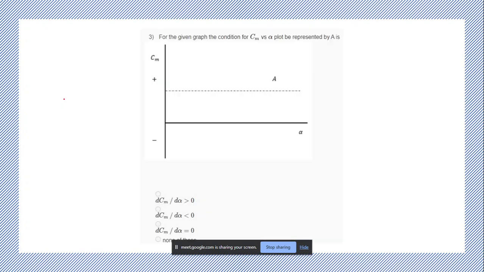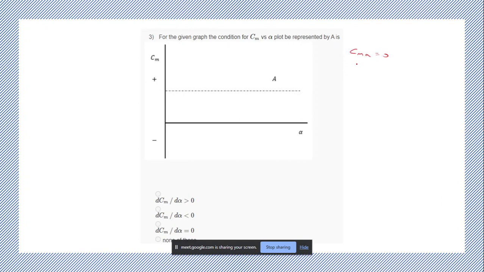Okay. For the given graph, Cm versus alpha is plotted. What is the slope of the graph? Very simple. The slope of the graph that is shown here. Okay, so what is the slope? Exactly.